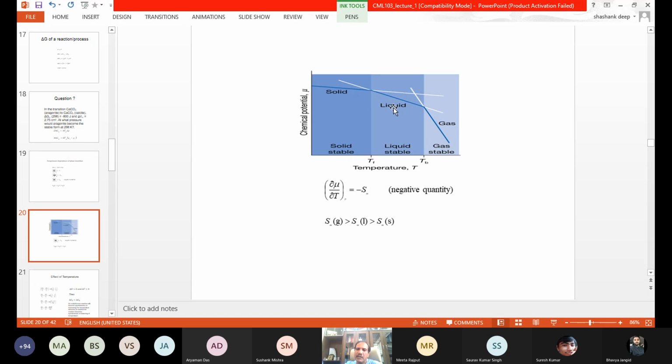It means that liquid becomes more stable than solid, and that temperature is known as the freezing temperature or melting temperature. If you go to this side, this is freezing. If you go from solid to liquid, then it is melting.